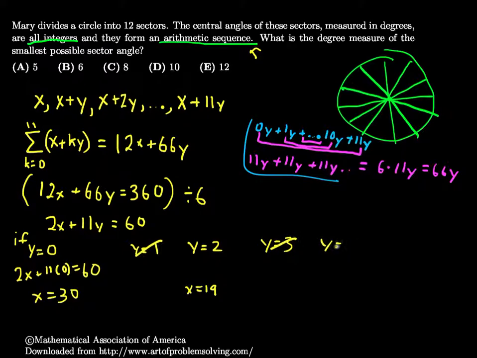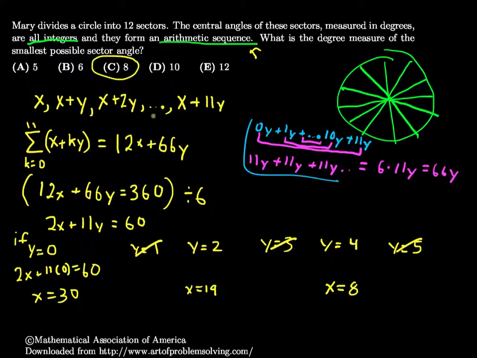If y equals 4, 2x plus 44, subtract the 44, we get 16. Divide by 2, we get that x equals 8 degrees. And then if y is 5, we get 2x plus 55, and so 2x equals 5, we get 5 halves, that doesn't work. So my answer is 8, choice C.